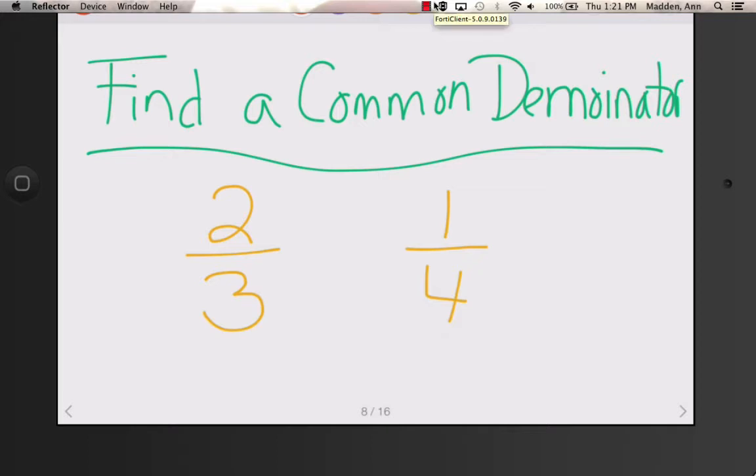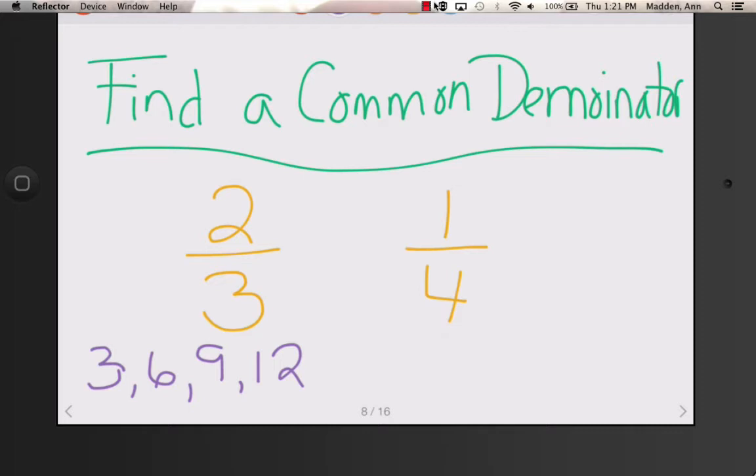All right, let's look at our first fractions. We have 2/3 and 1/4. What I need to do is look at the denominators. The denominators are at the bottom. My denominators at the bottom are 3 and 4. When I find a common denominator, I need to first look to see what 3 and 4 have in common. So what I could do simply is start listing the numbers counting by 3.